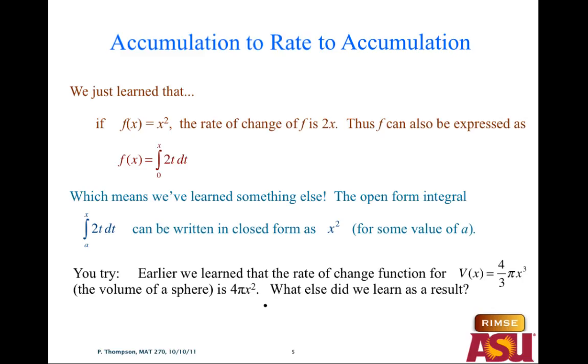Yeah. Okay, of what? Nice and loud. So the integral from a to x equals what?